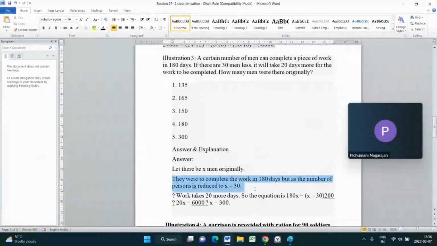They were to complete the work in 180 days, but as the number of persons is reduced to X minus 30, the work takes 20 more days. Above, 180 into X.